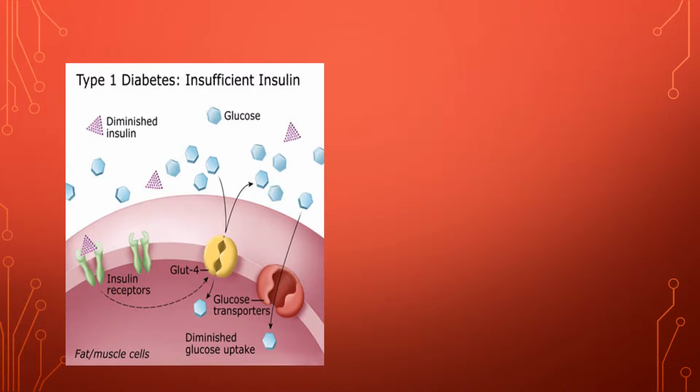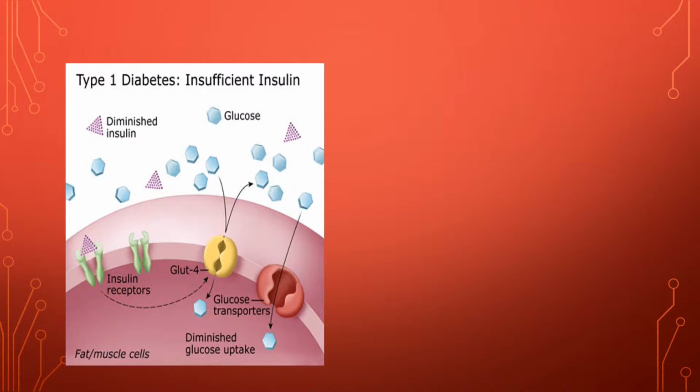So on the surface of the cell, you see in yellow, that's a GLUT4 transporter, and then in red, there's a glucose transporter. And these come to the cell surface, and they basically provide a pathway for glucose to enter the cell.